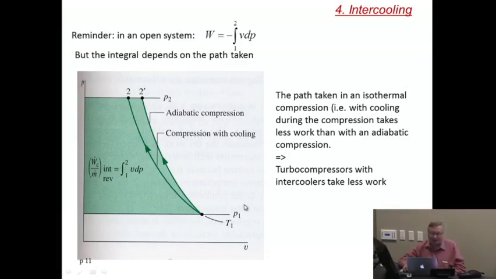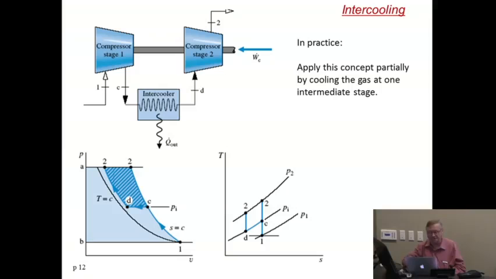Now, we don't know how to make an isothermal compressor, because usually when you compress something, it heats up. So the best we can do is try to pick some intermediate temperature where we will cool the gas again back to the initial temperature. And that's what an intercooler does. So here's the intercooler.